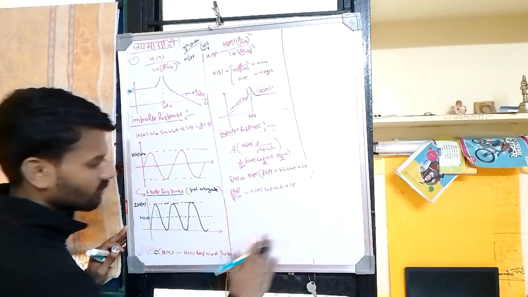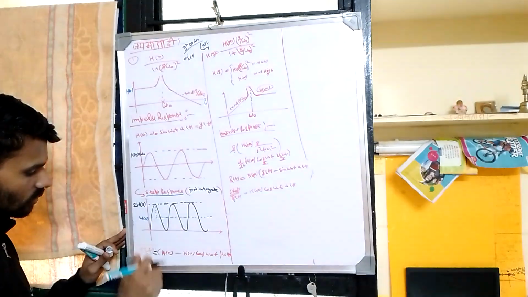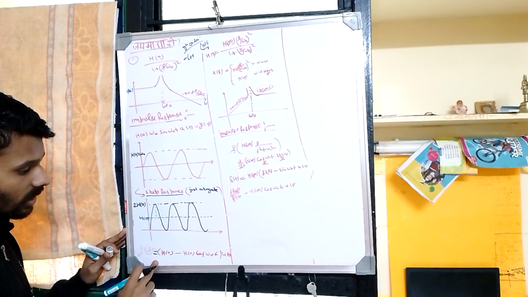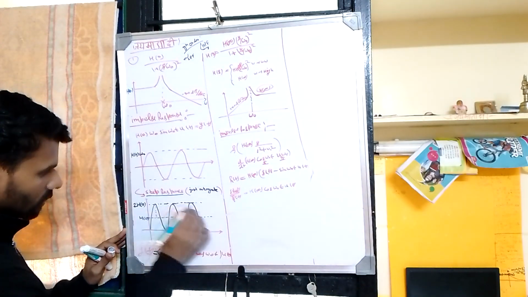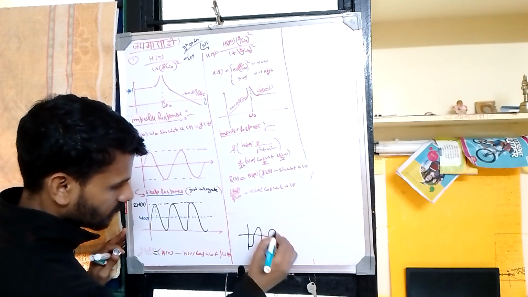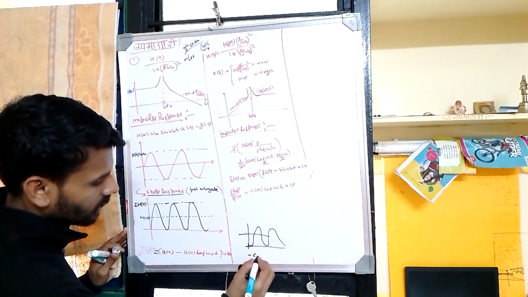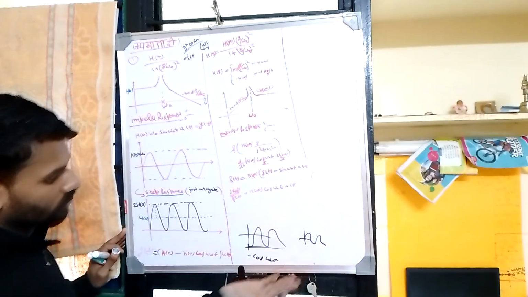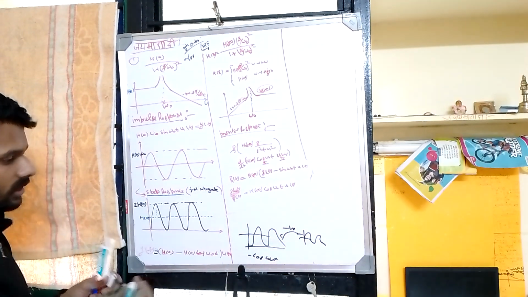Okay, so here the DC part will be h of 0. So I write directly the DC part will be h of 0, and after that if you want to write this signal, it will look like this. This is nothing but minus cos omega naught t. For cos omega naught t, if you reverse it with a minus, it will become minus cos omega naught t.